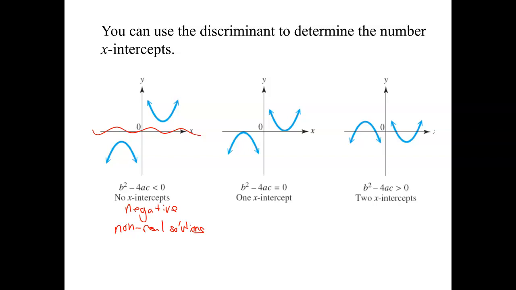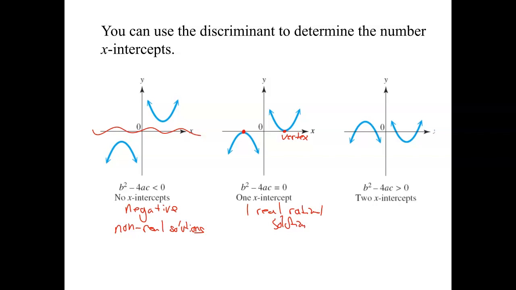If the discriminant is 0, I get one real rational solution. That means that my x-intercept is my vertex. That's the only way you'll get one x-intercept, is if it's the vertex. So when our discriminant is 0, my vertex is on the x-axis.